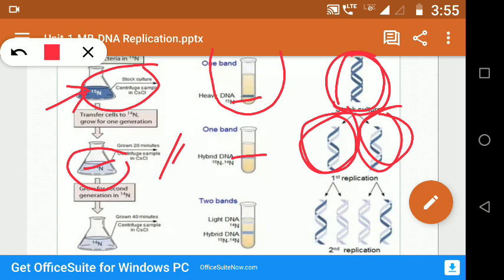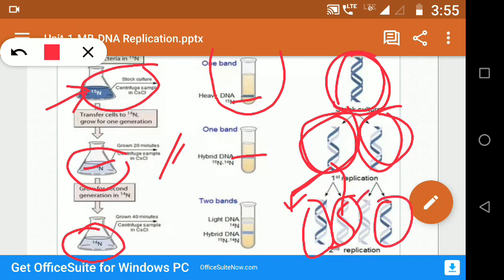The heavy chain is involved in the replication and forms one heavy and one light chain hybrid, and from the light chain we will get two light chains, because the old one is light and the new one synthesized from N14 is also light. The same way we will get two hybrid DNAs and two light DNAs.